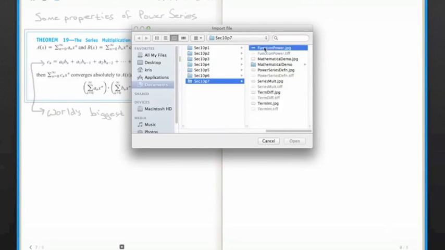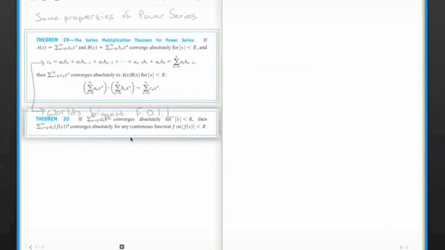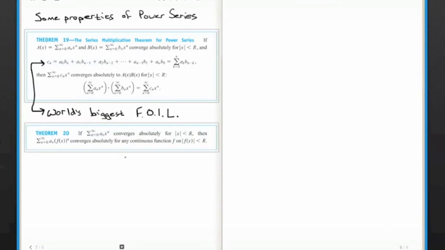This is function power. Same deal here. This is the sum from 0 to infinity of a sub n x to the n, this power series, which converges absolutely on some radius.